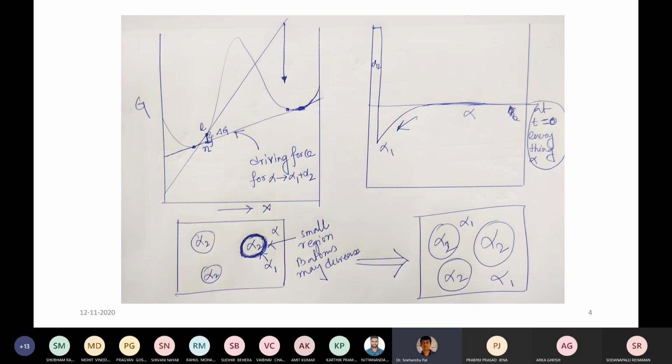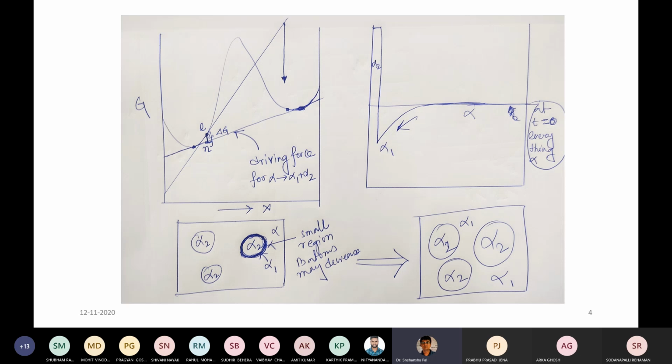In order to understand that, you have to understand the degrees of freedom of atoms. The atoms have different degrees of freedom: rotational, translational, vibrational. So an atom vibrates about its mean position.